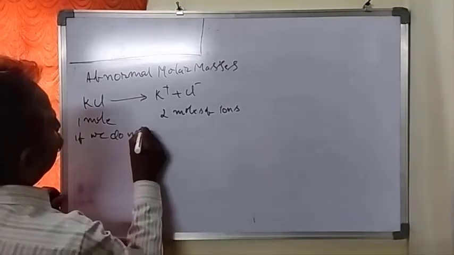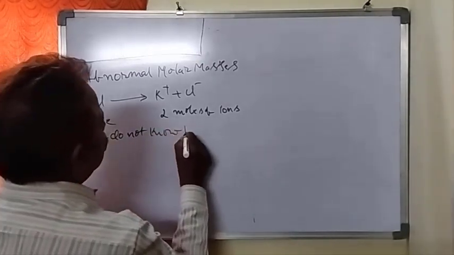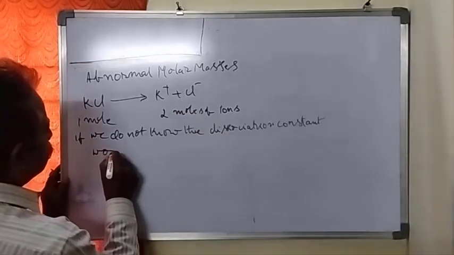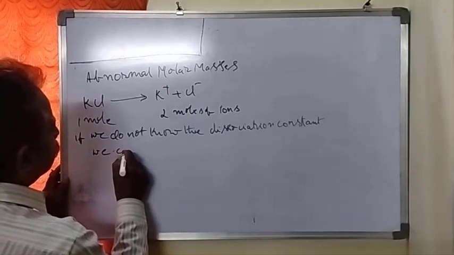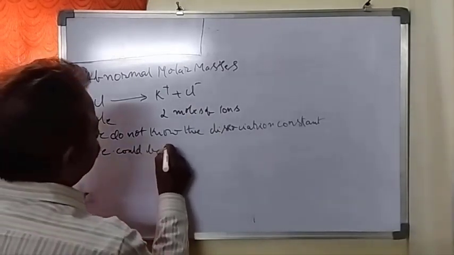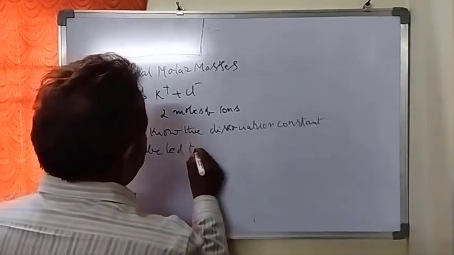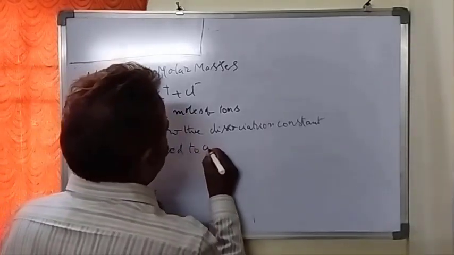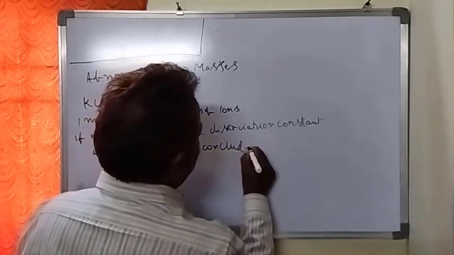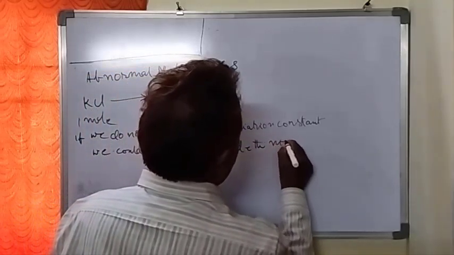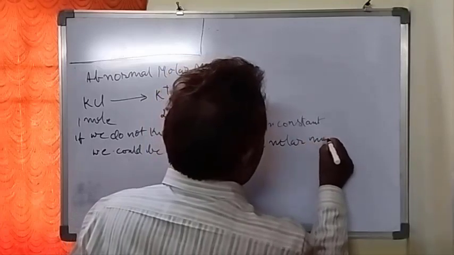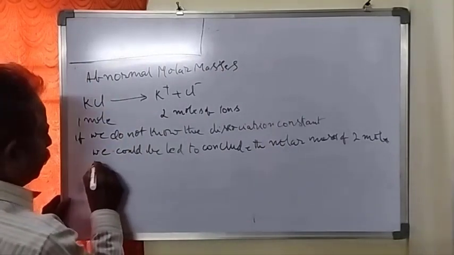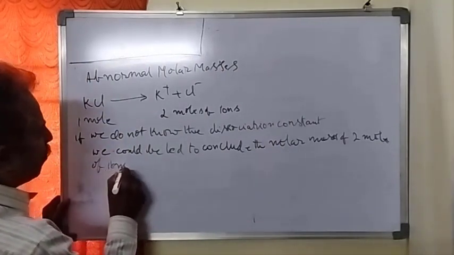So if we do not know the dissociation constant, we could be led to conclude the molar mass of 2 moles of ions.